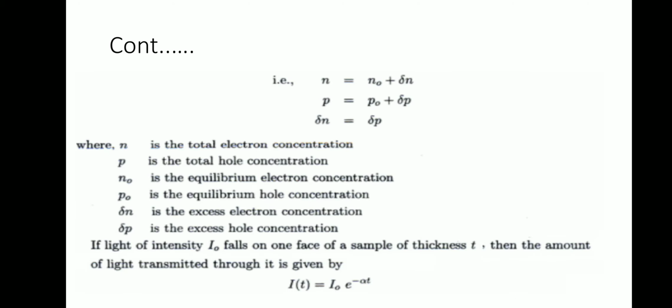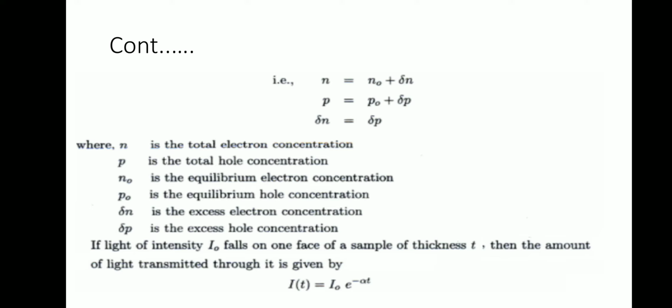What is the total number of electrons now in the crystal? The electrons generated due to this optical energy plus the already generated electrons due to temperature. So the total electron concentration n equals the equilibrium electron concentration n0 plus the excess electron concentration due to optical energy, del n.